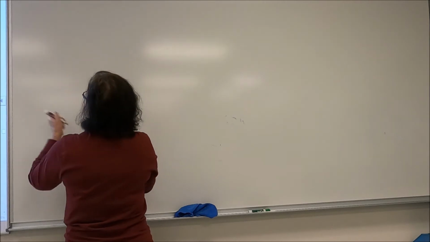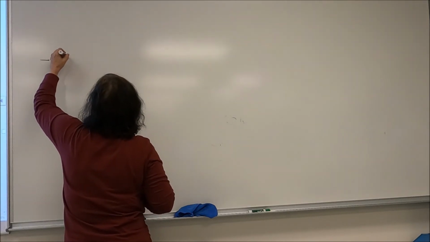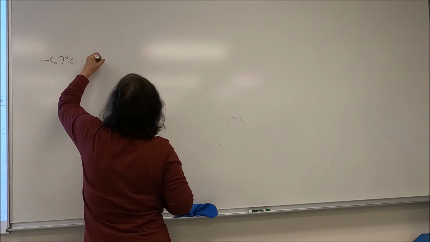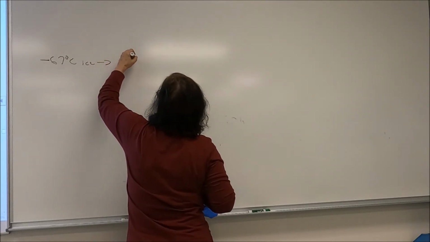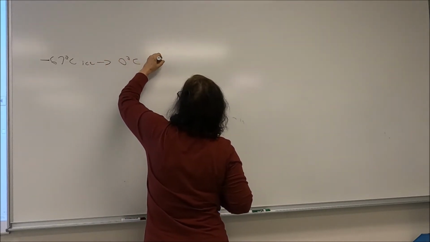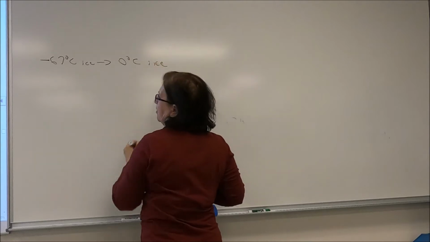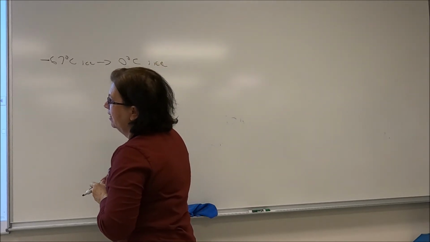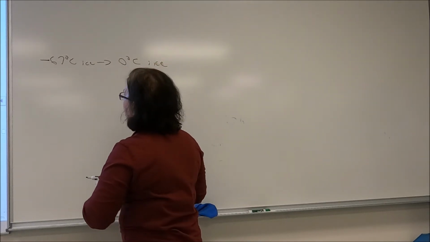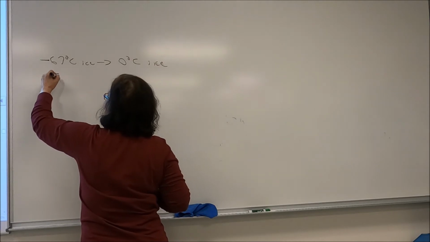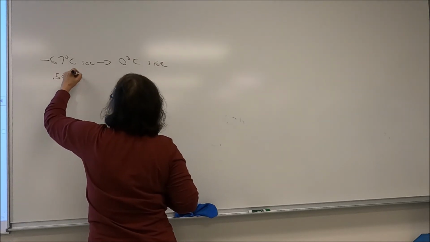So first, we're going to go from minus 67 degrees C ice to 0 degrees C ice. And let's say that we've got 0.500 kilograms of ice.